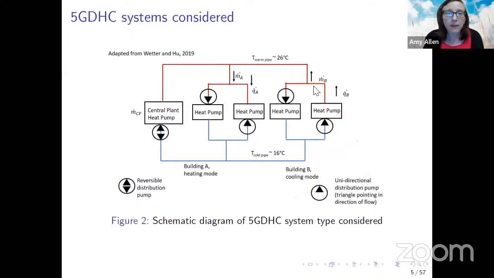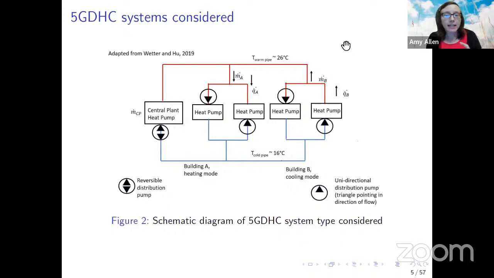Again, I'll try to get the taskbar out of the way of this figure. This figure shows a schematic view of the type of fifth generation district heating and cooling system on which I focused in this work.